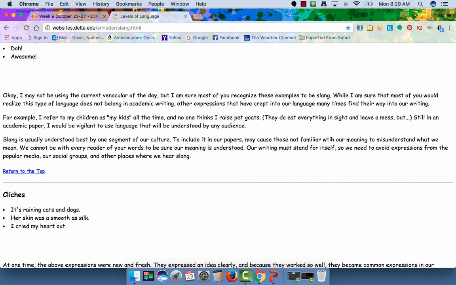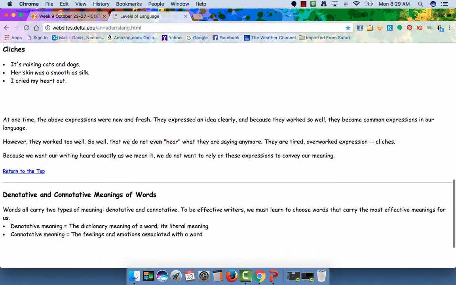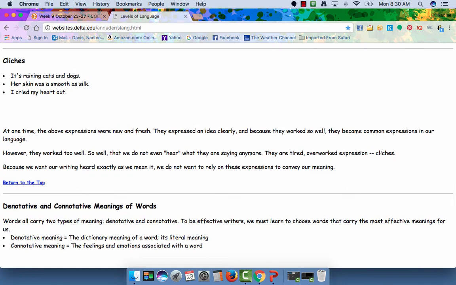That's slang from different areas. Clichés are another thing you want to get rid of. You don't want to say things like "they played their heart out." That doesn't have any meaning because it's been said so much. Nobody kind of hears it anymore because it's what you expect to have, and you want to engage your readers in something new.